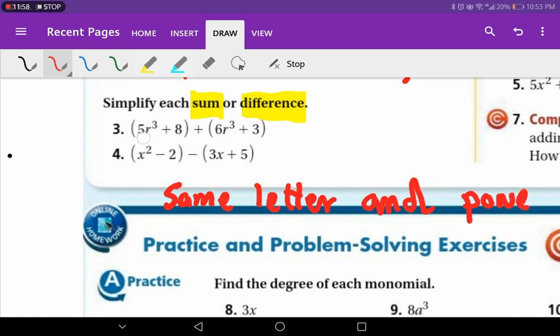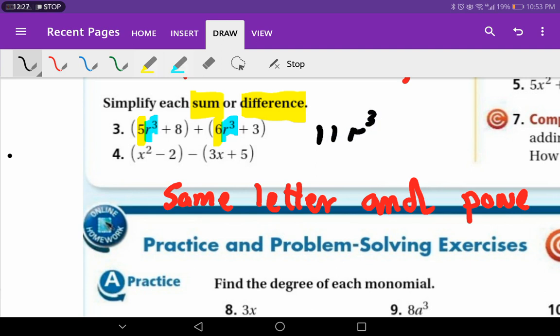If the coefficients, my dear student, have the same letter R and the same power, I can find the sum or the difference. So here we have positive 5r cubed and 6r cubed, so the answer is 11r cubed.